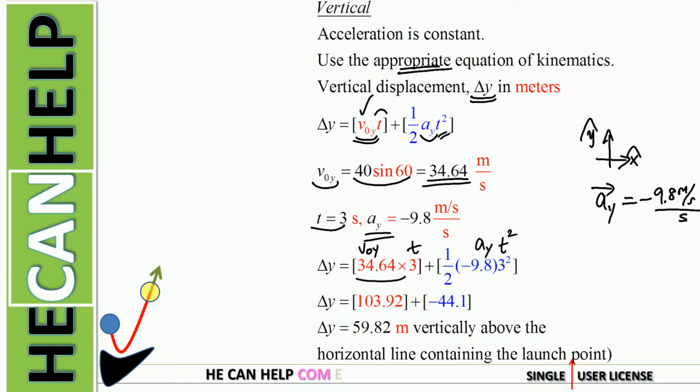When you substitute all those numbers, we get 59.82 meters. Now, this is your launch point, and the projectile is going to go like this. You can call this 0, 0. That makes it a little more convenient. In that case, it is 59.82 about the origin.